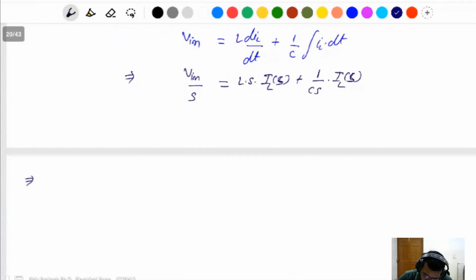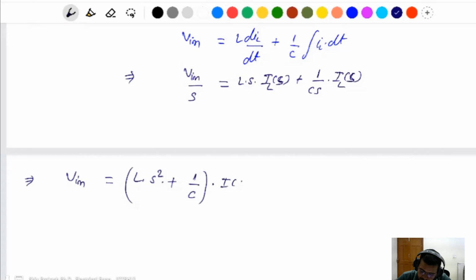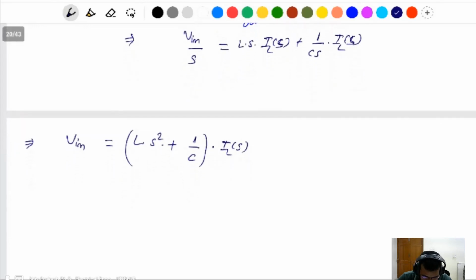Take the LCM in the denominator, and V in is equal to L into s square, or you can say LC s square plus 1 by C. s will be cancelled out from the input side.